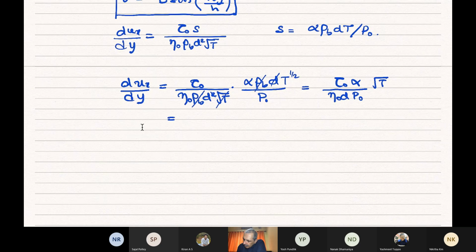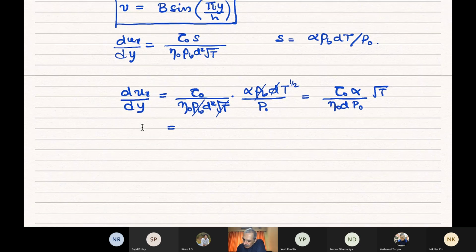And this, if we write in terms of the fluctuation velocity v, gives us tau 0 alpha divided by root 3 eta 0 d p0 into v. Sir, t cancels now. T raised to half.